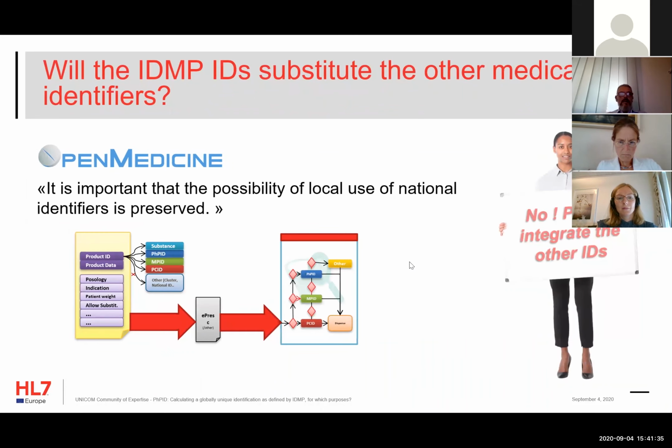The idea, however, is not for this ID to substitute the other identifiers, but to use it to integrate them, to enable a better exchange of information across different contexts, and so to facilitate crossing the border that we have identified before.